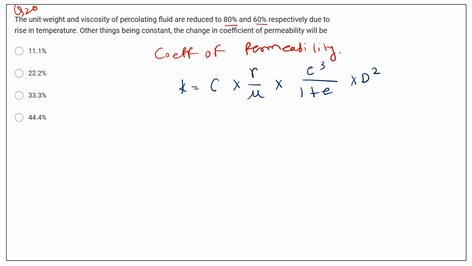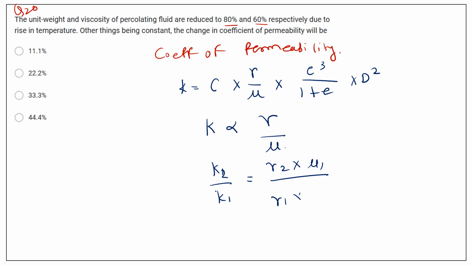Okay, all the other parameters are constant, only the unit weight and viscosity change. So here we take K as directly proportional to gamma by mu. So K2 divided by K1 is equal to (gamma 2 into mu 1) divided by (gamma 1 into mu 2).